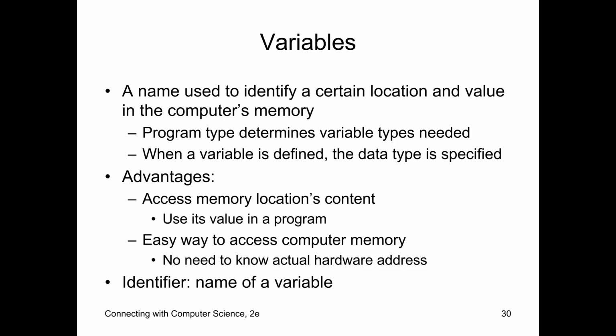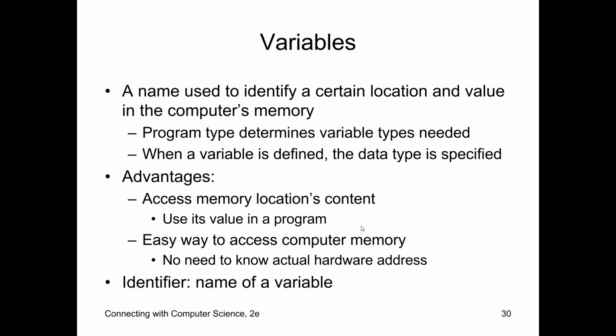So it allows a location in memory to be used for different values and allows those values to change. And then, of course, there's no need to know where the actual hardware address is. You don't even care. You just need to know the name of the variable.